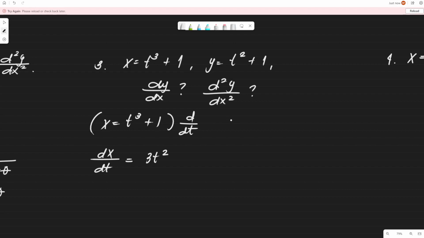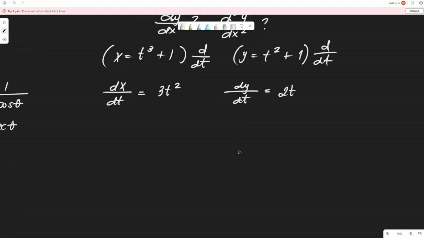Then y is equal to t squared plus 1. D over dt also, so dy over dt is simply 2t. So, dividing both, for dy over dx, this is y prime t over x prime t.